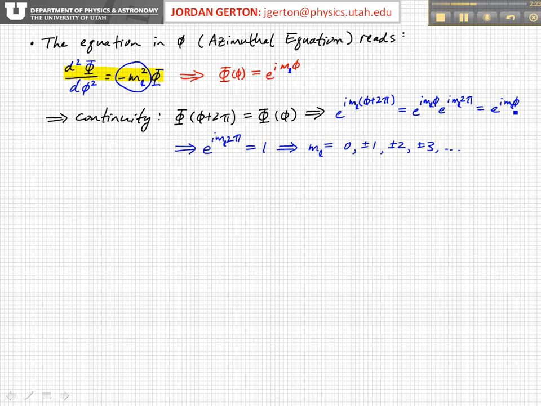Okay, so now we see that this equation can only hold if this term here is equal to 1.